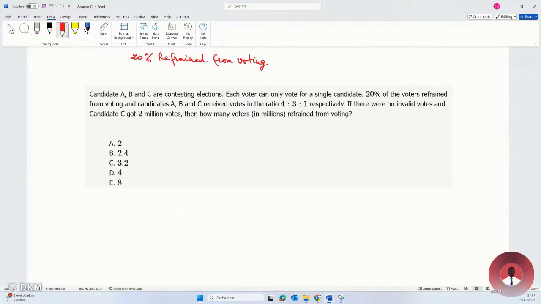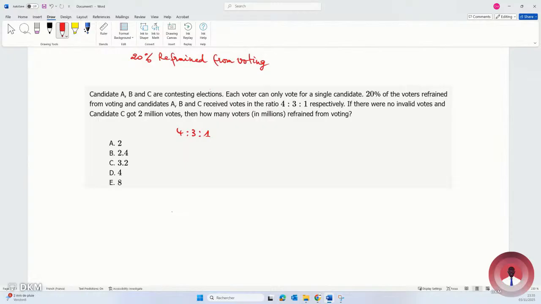And candidates A, B, and C received votes in the ratio 4:3:1.